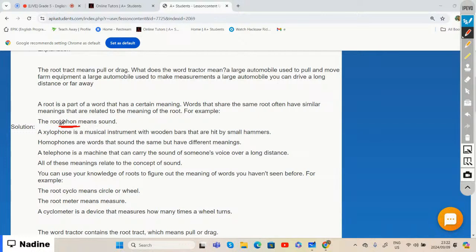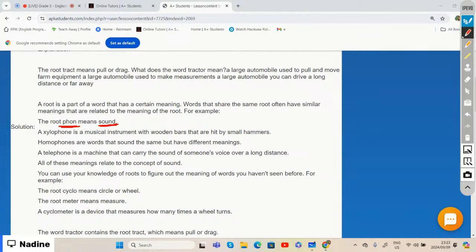And the meaning of that root, fun or phone, is sound. And phone means sound.